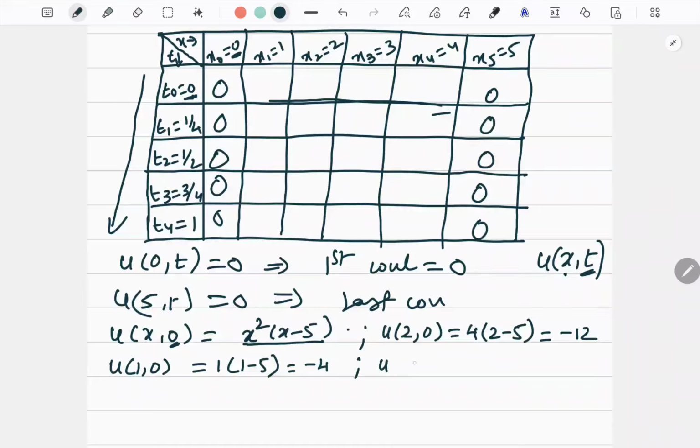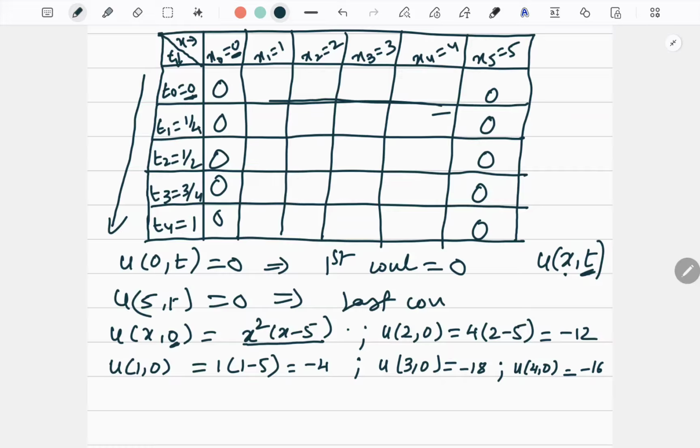Same way u 3 comma 0 is equal to, substitute here 3. So what will you get? 9 and 3 minus 5 is minus 2. Right? 9 twos are 18 with negative sign. u 4 comma 0: when you put 4, it is minus 1 and 16. So minus 16. So I got the values for the first row.